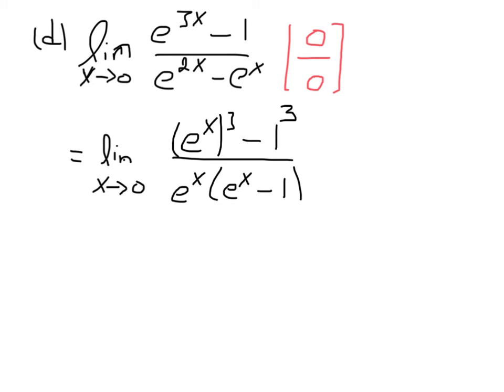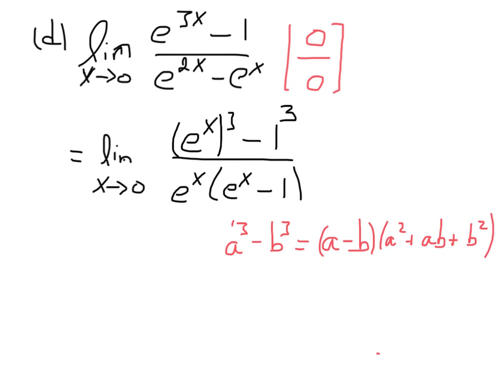So what we see in the numerator here is a difference of cubes. And you'll recall that a cubed minus b cubed can always be factored as a minus b times a squared plus ab plus b squared.